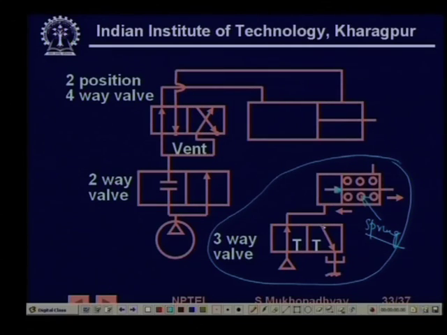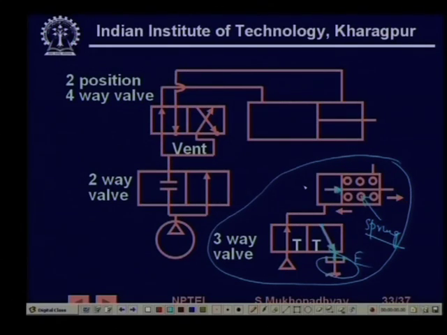So, this will get connected to this port, which is exhaust, and then by spring action, since this side, when it is connected to exhaust, this side pressure is low. So, by spring action the valve can return. So, you need only apply pneumatic pressure for moving the valve to the right, for movement to the left is actually achieved by the spring.